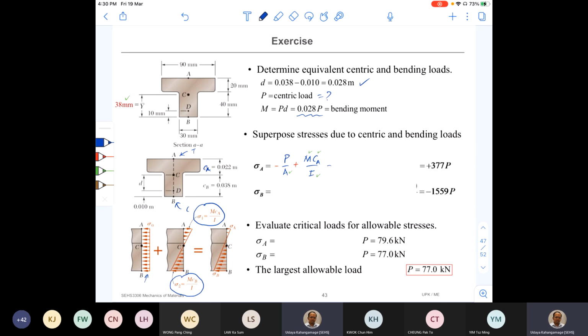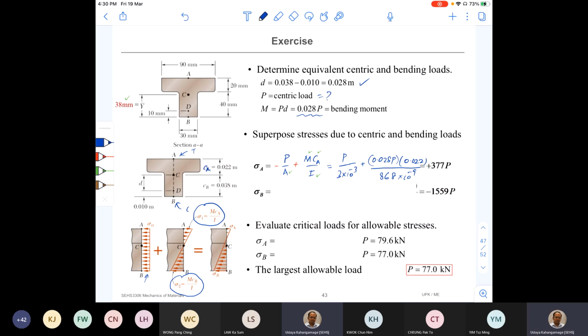So we know all the values now except for P. So therefore, I can write the answer here, P over 3 into 10 to the power minus 3. This is the area, plus M is given in terms of P, 28P, into 0.022, that is the C A, divided by I. I already calculated 10 to the power minus 9.